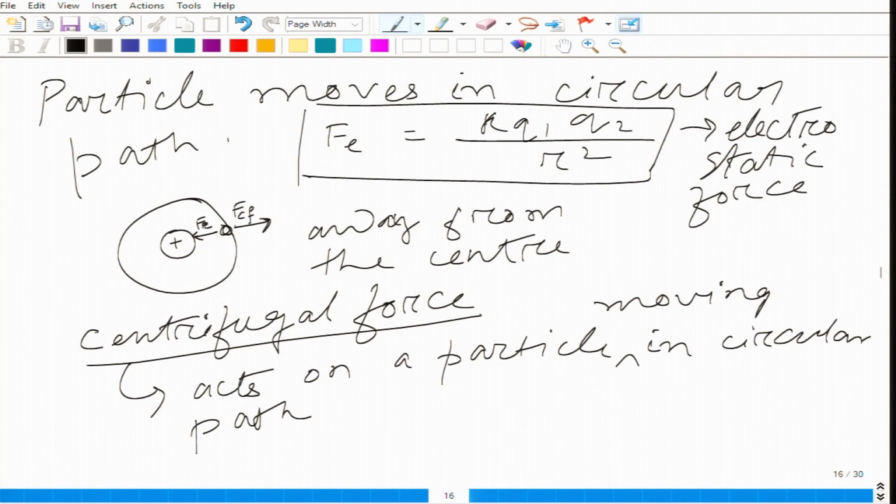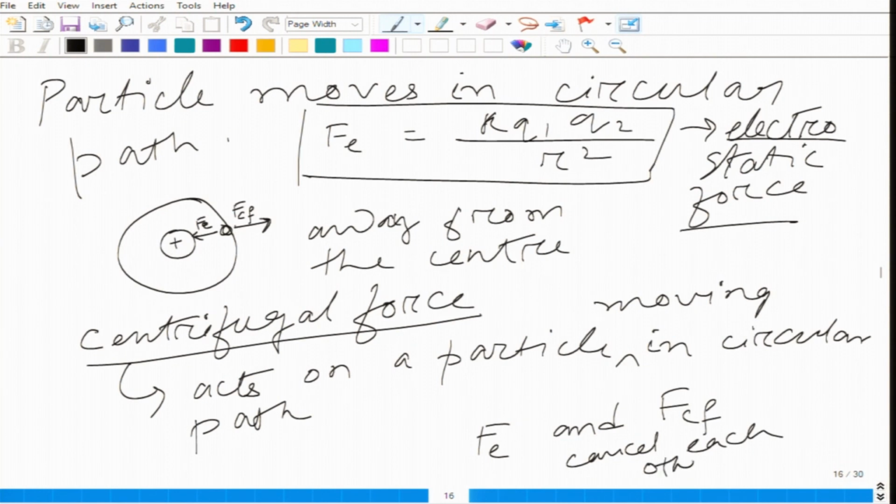So Fe acts inside, centrifugal force acts outside. So these two forces, electrostatic force and centrifugal force, cancel each other. So the electron stays balanced in its path.